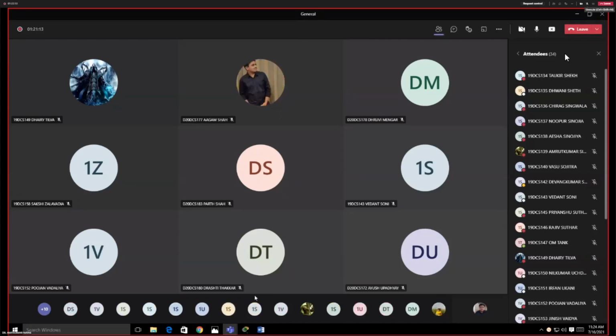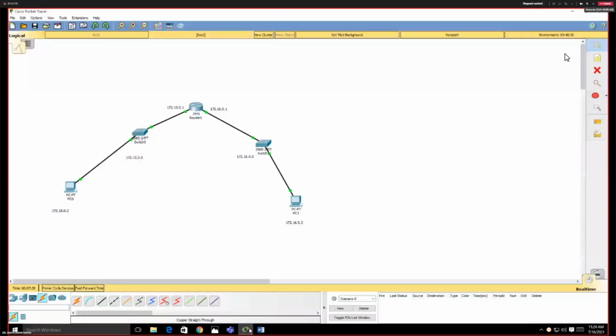Right now we are discussing Cisco Packet Tracer, and the GUI on your screen is the GUI of Cisco Packet Tracer. In it I have taken two different networks, LAN 1 and LAN 2. In LAN 1 I want to follow network address 172.15.0.0, and in LAN 2 network address 172.16.0.0.